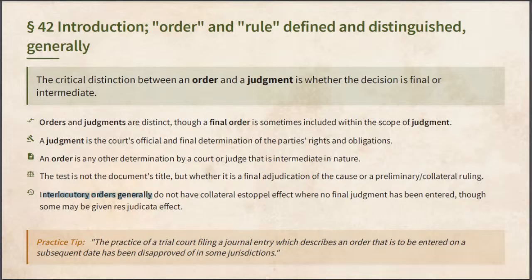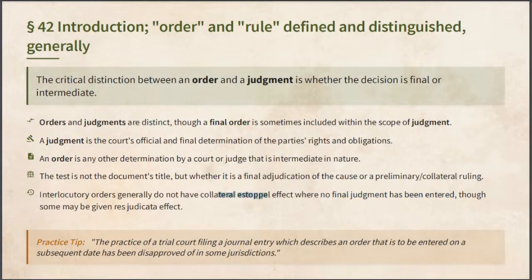Interlocutory orders generally do not have collateral estoppel effect where no final judgment has been entered, though some may be given res judicata effect. All right, so the interlocutory orders in between the proceedings here do not have a collateral estoppel effect where no final judgment has been entered.